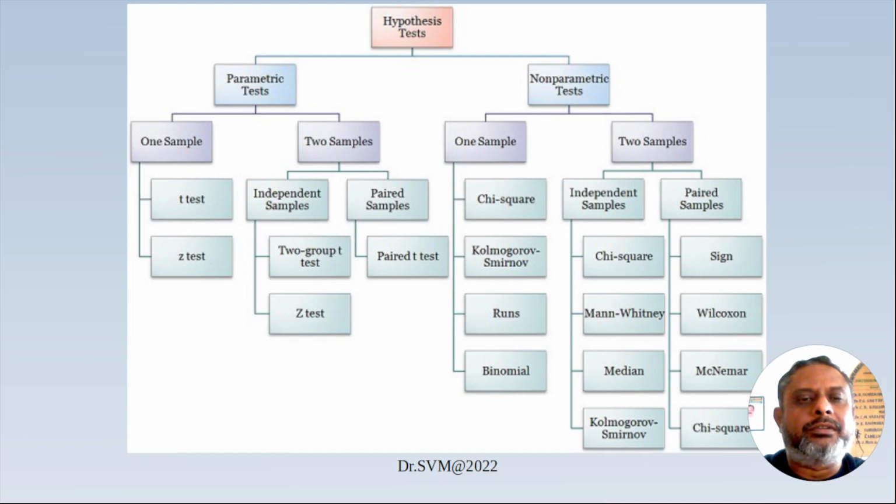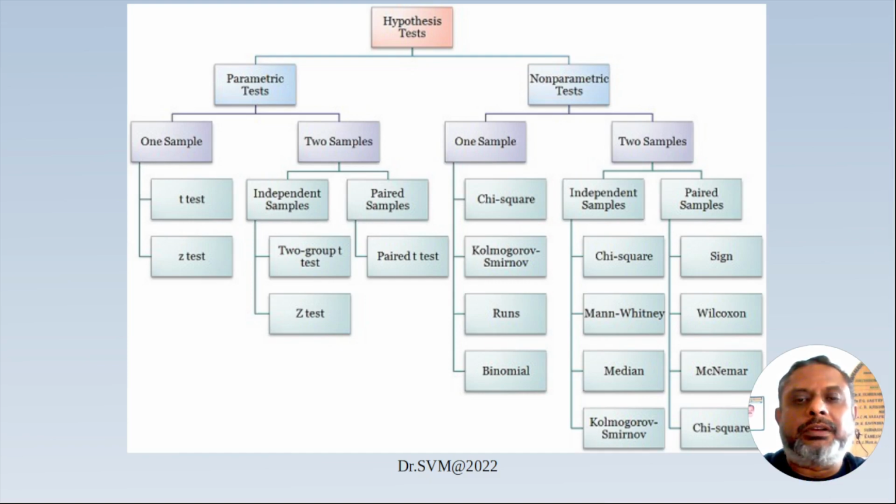One sample means we have one set of data, two samples means working with two sets of data. In one sample, we are trying to find out whether the sample has a particular distribution or not. When it comes to two samples, we are trying to find whether the two samples have similar properties or not.